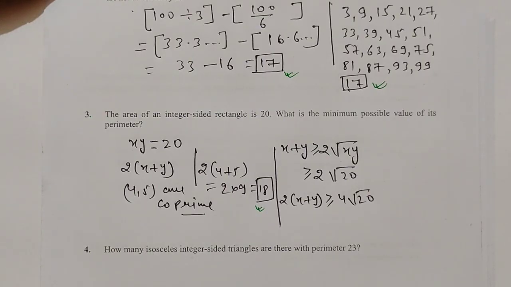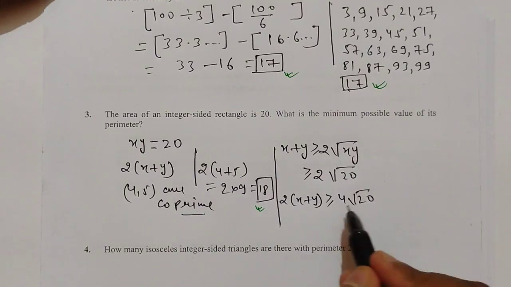So we use the value of the square root of 20, and this will be 17 point something.